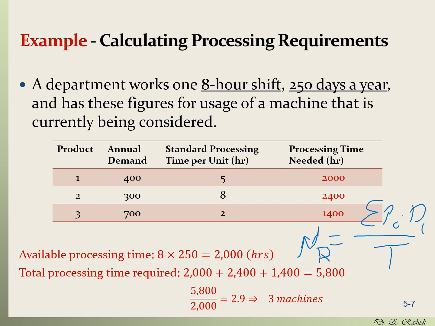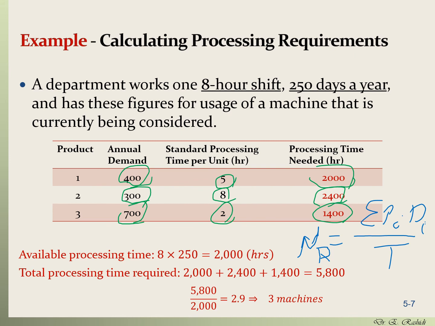So 400 multiplied by 5 is 2,000 hours of processing time for product 1. Then 300 multiplied by 8 hours gives us 2,400 hours of processing time for product 2. And for product 3, we have 700 multiplied by 2, that's 1,400 hours of total processing time.